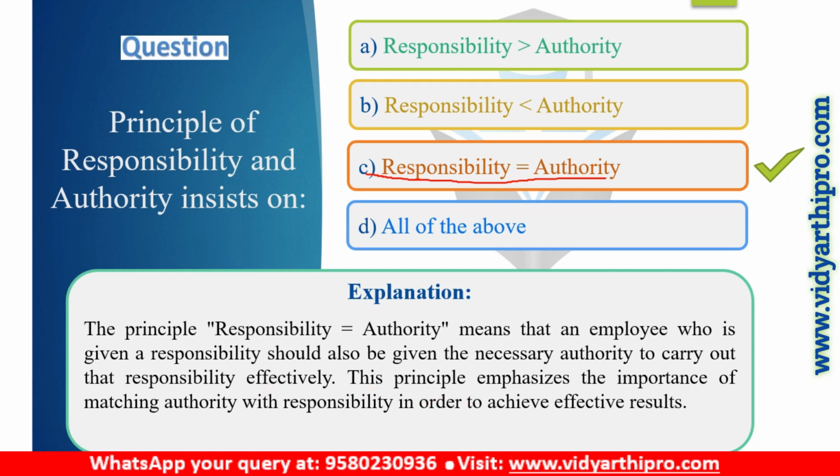For example, मैं आपको कोई रिस्पॉन्सिबिलिटी दूँ और उसके साथ मैं कोई अथॉरिटी अगर मैं नहीं दे रही हूँ, सो इट्स नॉट बी हेल्पफुल, इट्स नॉट ईजी टू यू कि आप उस पर्टिकुलर टास्क या उस पर्टिकुलर वर्क को अच्छे से परफॉर्म कर पाओ. सो अगर कोई रिस्पॉन्सिबिलिटी मिलती है तो उसके साथ कोई अथॉरिटी भी मिलनी चाहिए. दिस इज़ द इक्वेशन. और ये एक ऐसा प्रिंसिपल है दैट एम्फसाइजेज द इम्पॉर्टेंस ऑफ मैचिंग अथॉरिटी विद द रिस्पॉन्सिबिलिटी इन ऑर्डर टू अचीव इफेक्टिव रिजल्ट. उससे हमें रिजल्ट्स तो मिल सकते हैं बट इससे हमें इफेक्टिव रिजल्ट्स मिल सकते हैं.